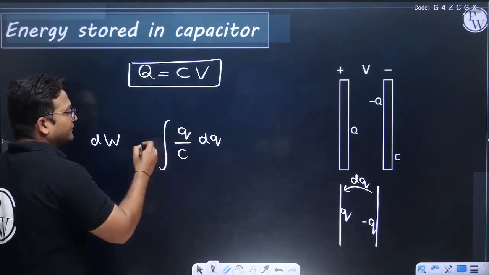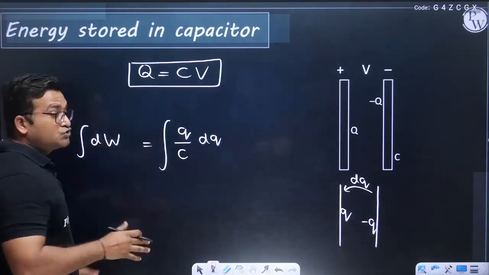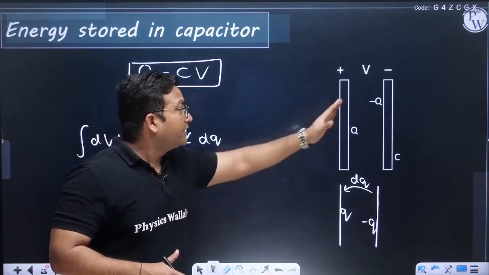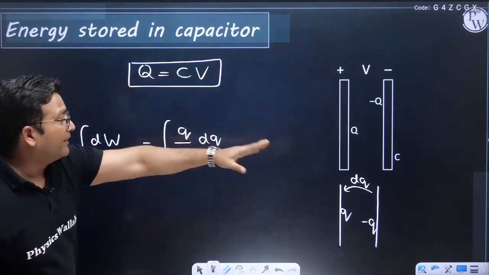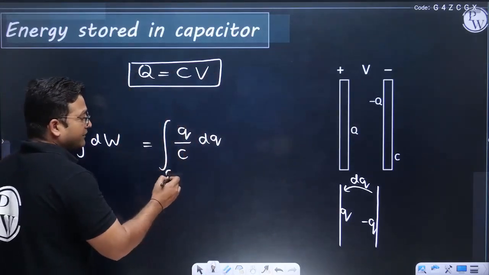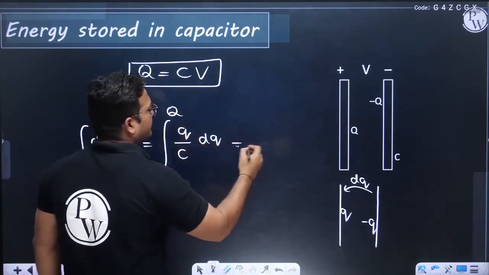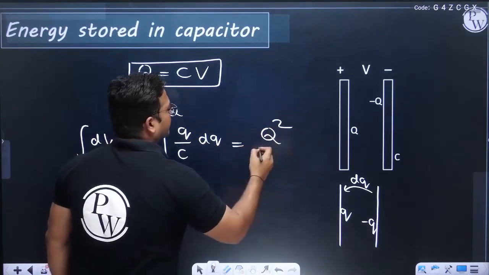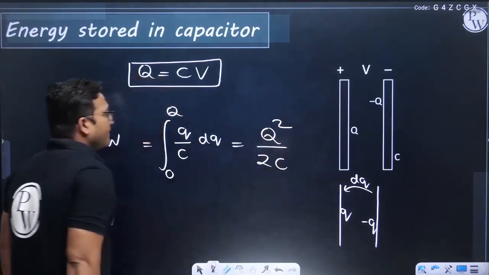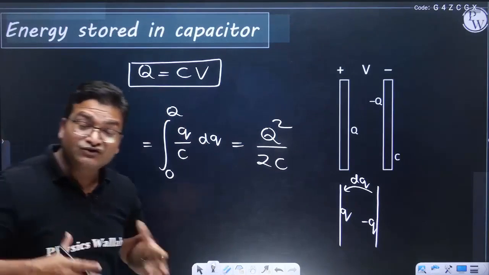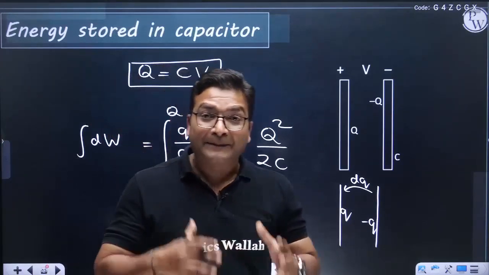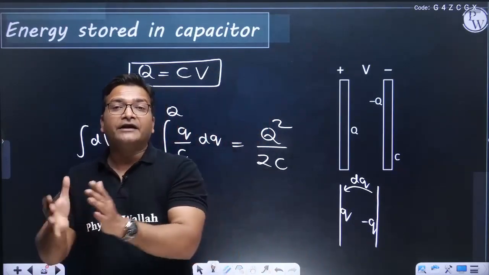If you integrate this work done, you will get the total work done in bringing the Q charge from negative plate to positive plate. So we will have to integrate it from 0 to capital Q. And if you integrate this, you will get Q square divided by 2C. And this work done gets stored in the capacitor as electrostatic energy.